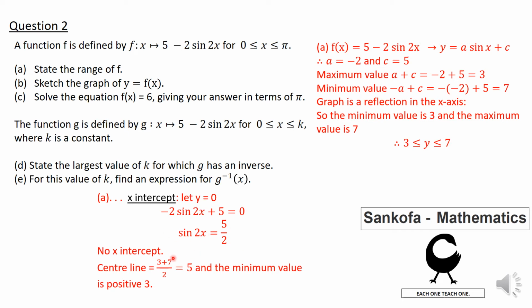Also, when you do the center line, that 5 there indicates the center line, and the minimum value is 3, so it doesn't go below 0, so therefore it cannot cut the y-axis, or the x-axis rather. But it's also nice to know. So the y-intercept, as we say, you can actually see that from your function, which is that.